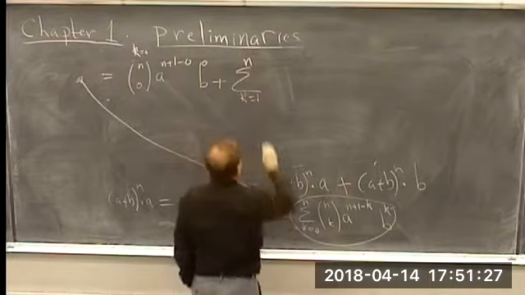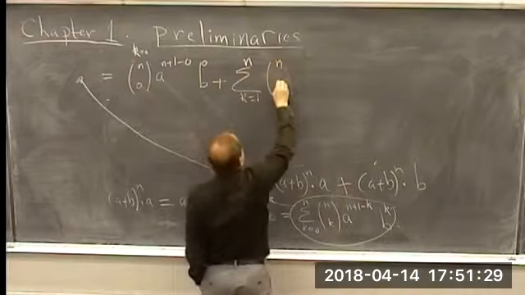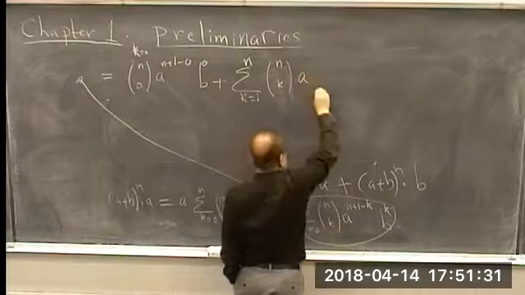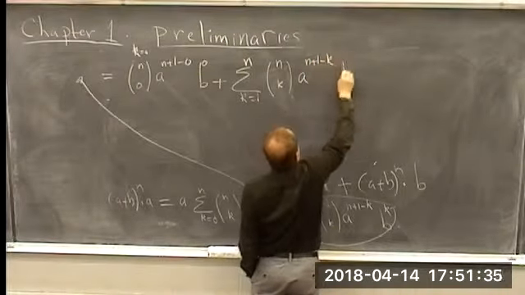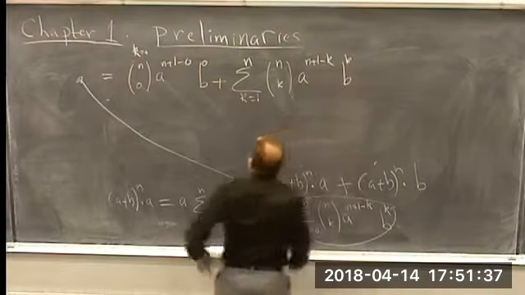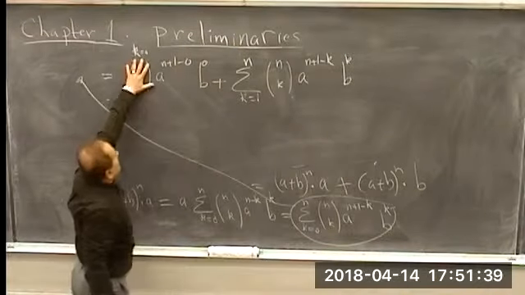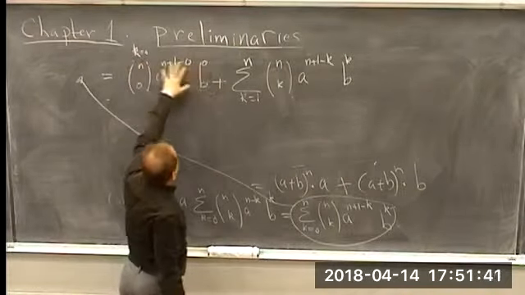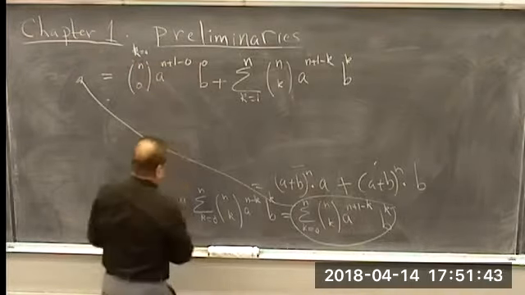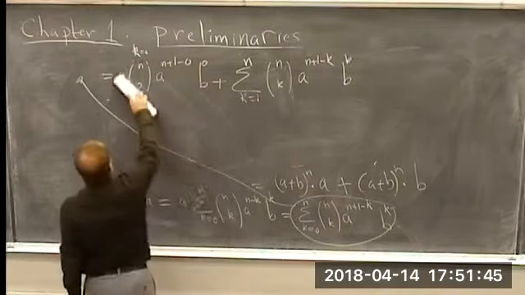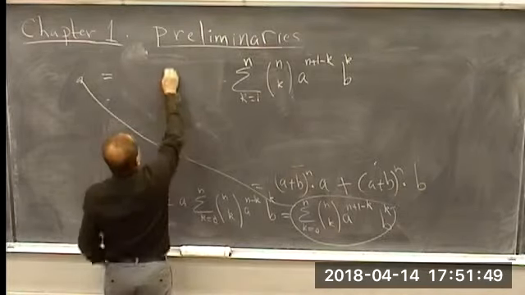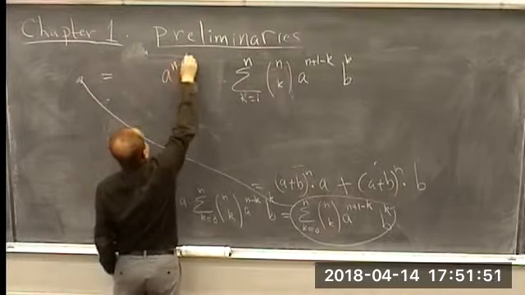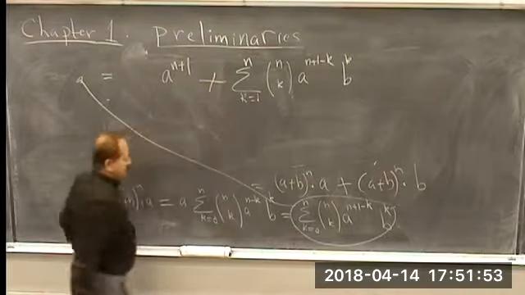I will have the summation for this, so nothing changes. Now, this one gives me 1 and the b to the 0, so all of this is going to give me a to the power n plus 1. Okay, so all of this is a to the n plus 1 plus that.